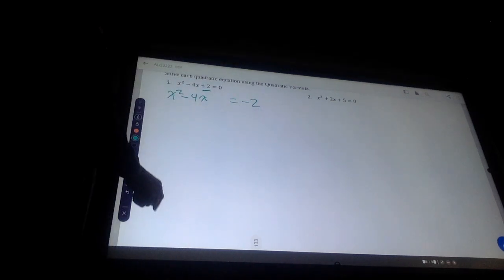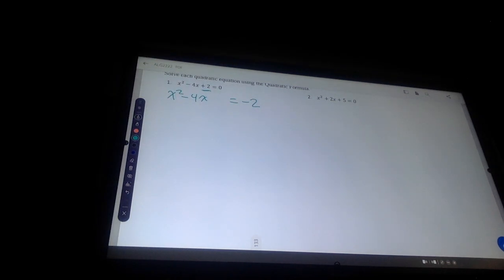Alright, so if we want to solve the equation by completing the square, let's see who remembers from 2 days ago. What was the first thing I should do on number 1 to start completing my square? Yeah. So you want to do an x squared minus 4x down, and equals -2. I'm going to move this over by subtracting it, but I'm going to leave the space still there, right?